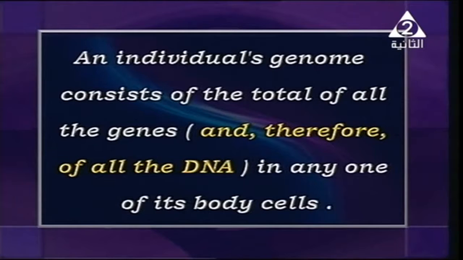I mean that if you have one cell from your hair and another cell from your small intestine, both of them contain the same amount and the same content of the genetic information or genetic material, okay.